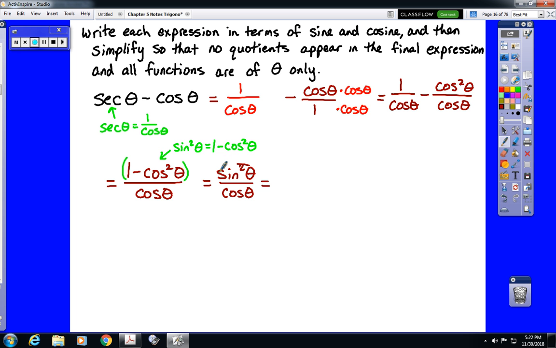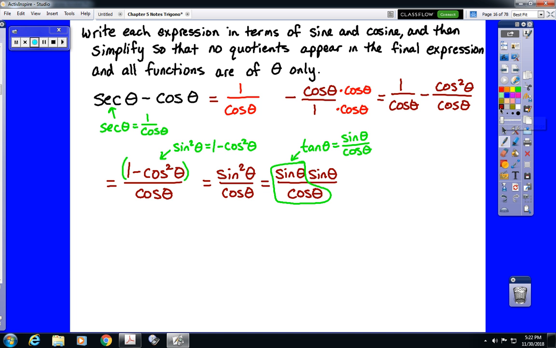Keep in mind what sine squared means. Sine squared is telling us that we are multiplying sine times itself. So what we really have here is sine times sine over cosine. Well, that means we can take one of those sines and use it to get rid of the fraction, because tangent is sine over cosine.